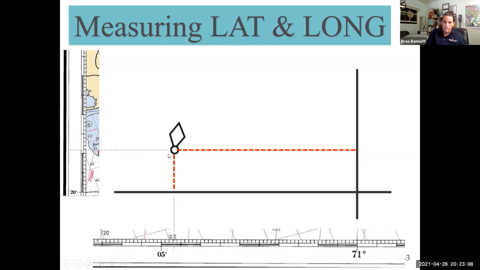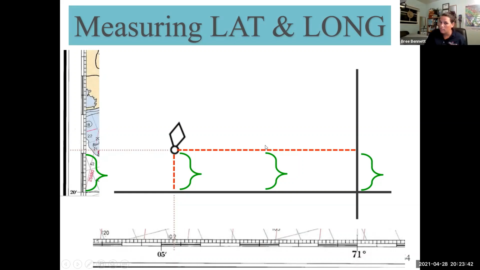So if I want to measure latitude, I can draw in my latitude line to my nearest bold line. So here's my latitude line to the nearest bolded line. The distance here, anywhere along that line, directly to the buoy itself and all the way to the edge of the buoy, is going to be the same because it is a parallel line.